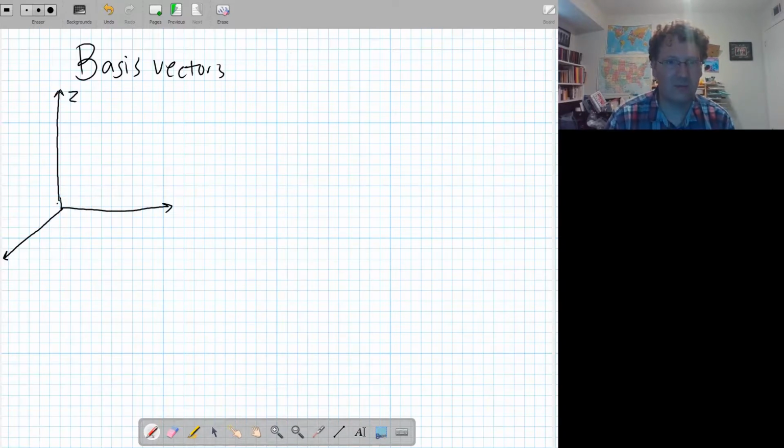Now in 3D space, if we go 1 unit, I'm being a little sloppy, I'm not going to the grid points, but regardless, the vector that goes from the origin out to 1 in these 3 dimensions is called the I vector, this is the J vector, and this is the K vector.